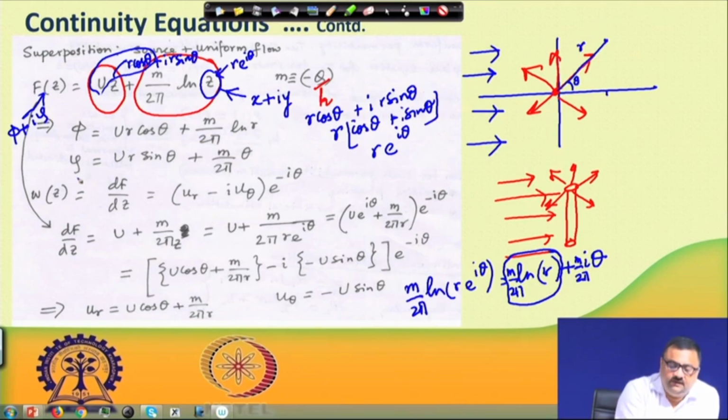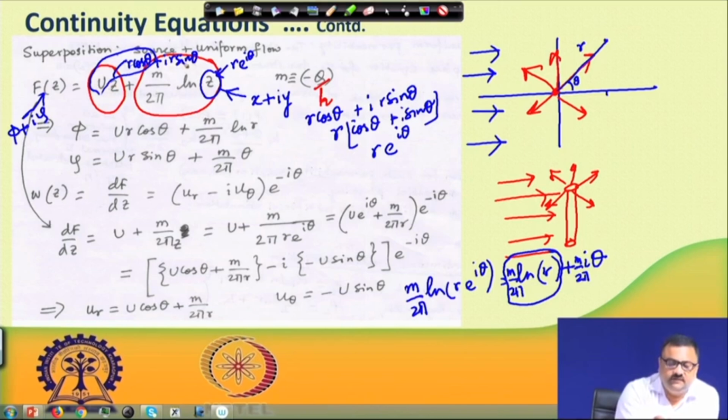And similarly, in the case of the stream function psi, it would be just the imaginary component, and the imaginary component here is, in this case, i u r sin theta.